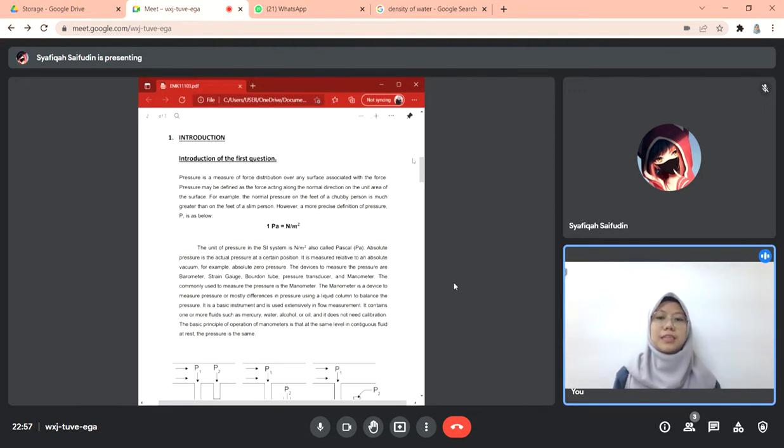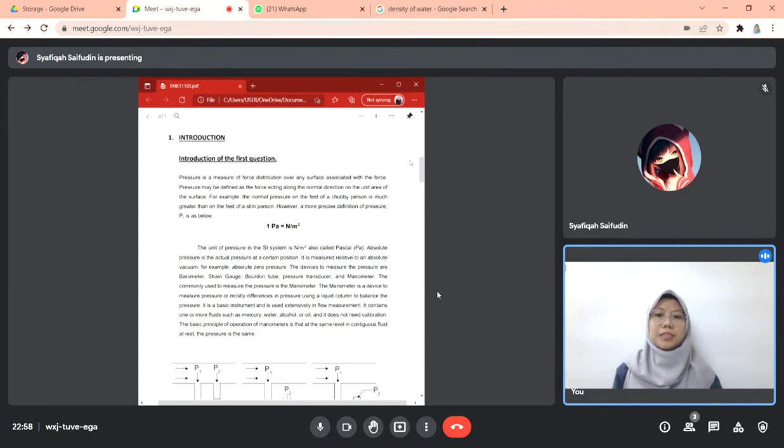The manometer is a device to measure pressure, or mostly differences in pressure, using a liquid column to balance the pressure. It is a basic instrument that is used extensively in flow measurement. It contains one or more fluids such as mercury, water, alcohol, or oil, and it doesn't need a calibration.